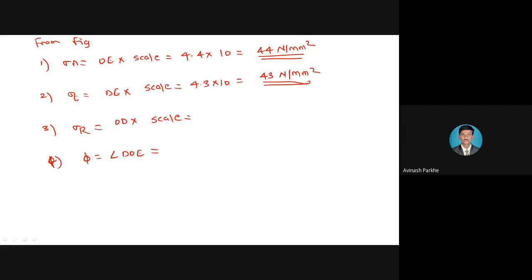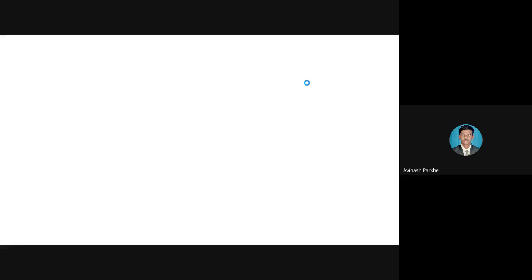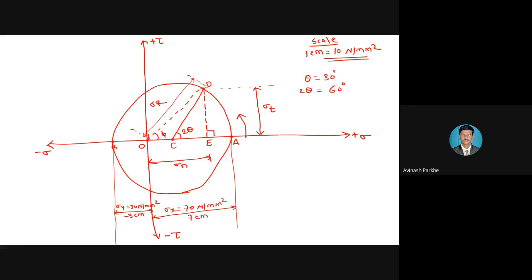Then sigma R. For the calculation of sigma R, represent the OD distance. Then measure it. What is the OD distance? Yes, 6.1, 6.1, 6.3. Any other answer? 6.1, 6.2, 6.6. It is very high.